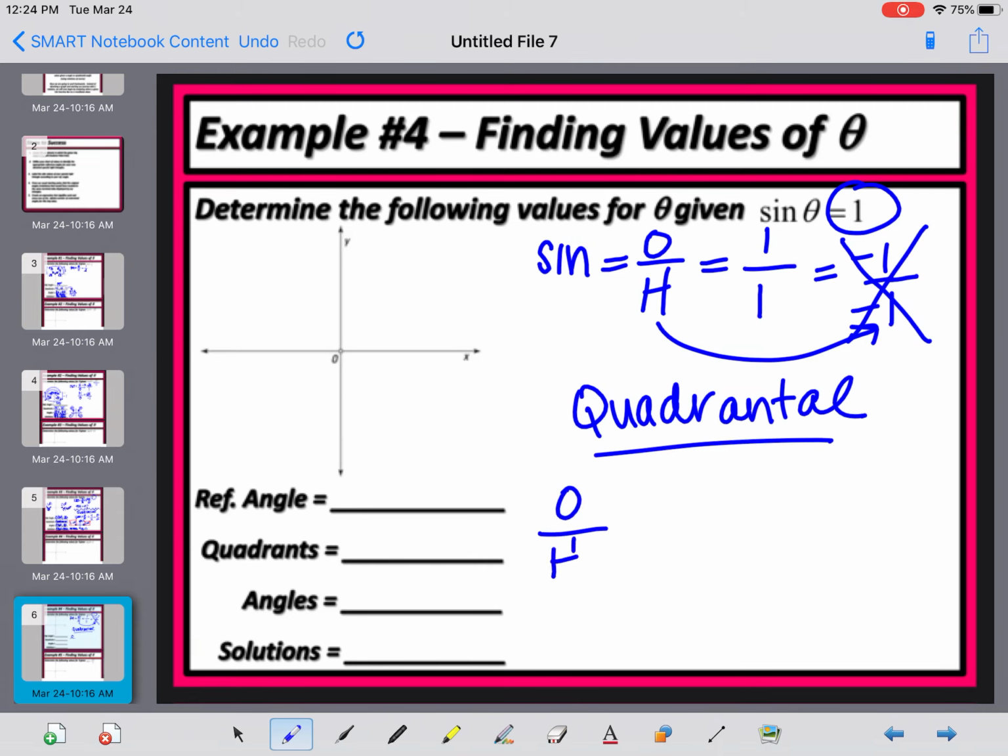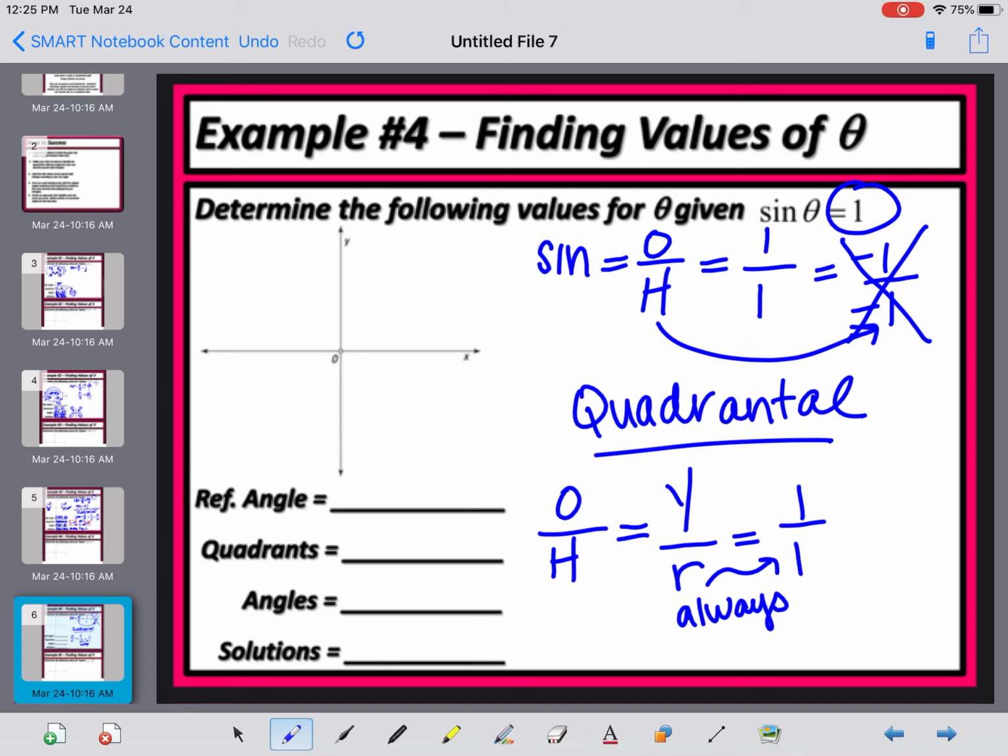So I want to stop and I want to relate opposite over hypotenuse to x, y, and r. So opposite is y, hypotenuse is r. Okay, bringing back that ratio that I created, 1 over 1. Well, r always equals 1.